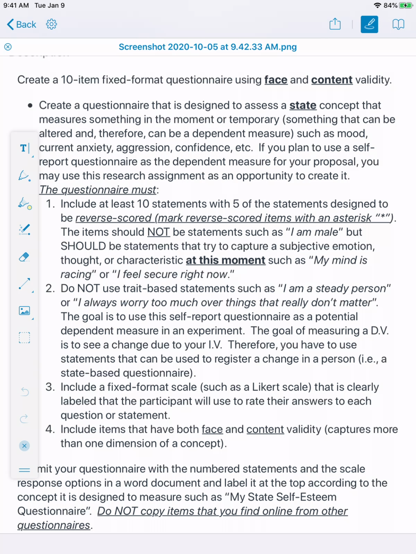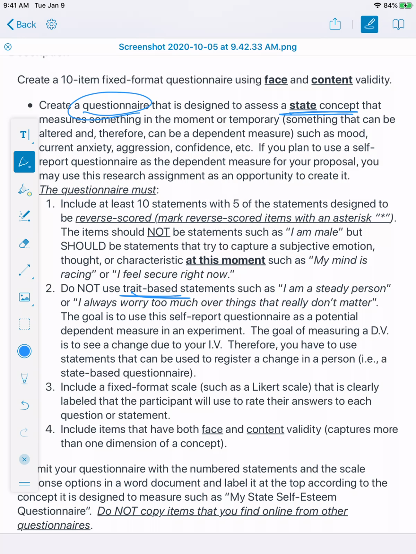In writing assignment 4, our goal is to create a 10-item questionnaire, and that 10-item questionnaire is going to be focused on something that we can measure as a state. The difference between a state and what is called a trait-based measure is that what we're trying to do is measure something that's happening in this moment.